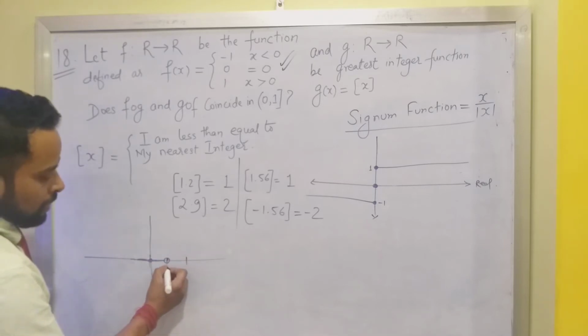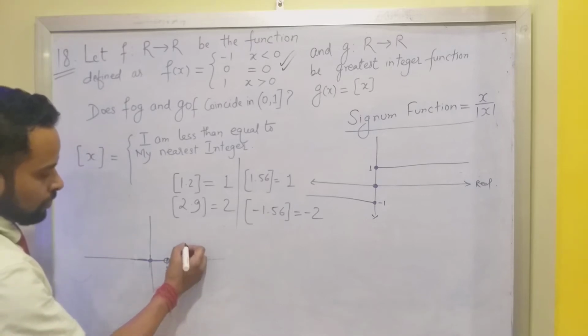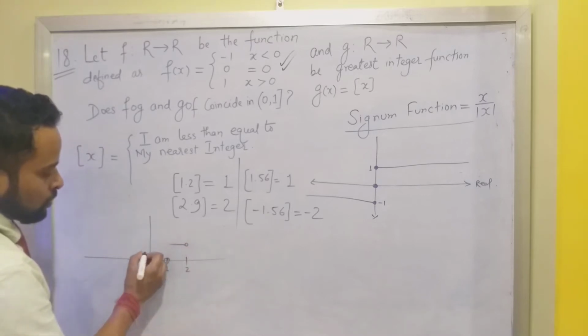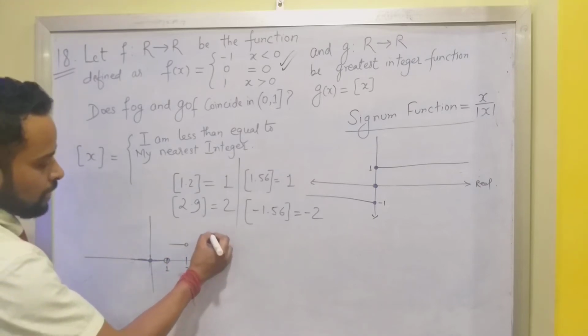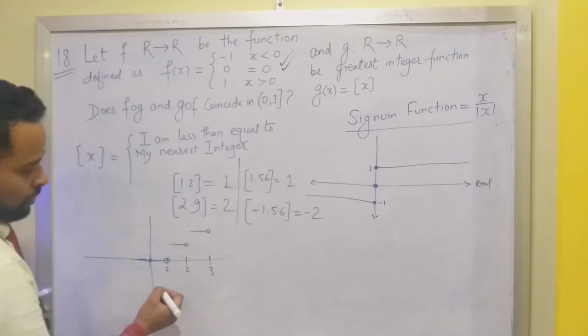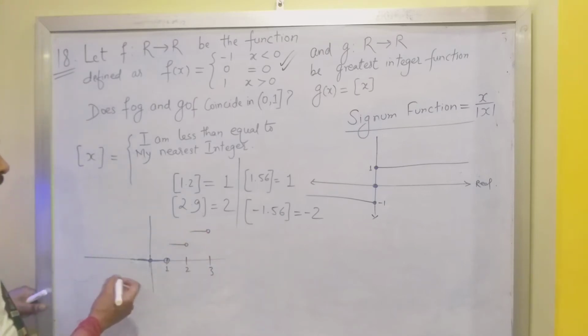Anything which is less than 2 becomes 1. Anything which is less than 3 becomes 2. In this way, it will continue.